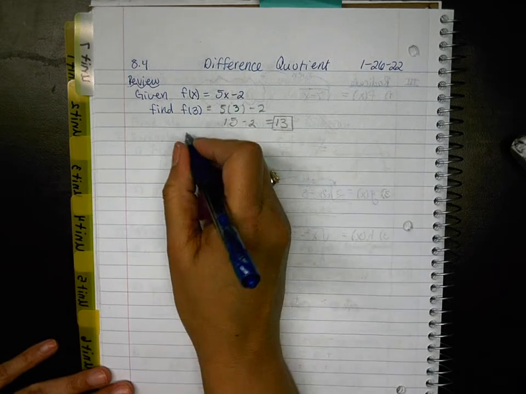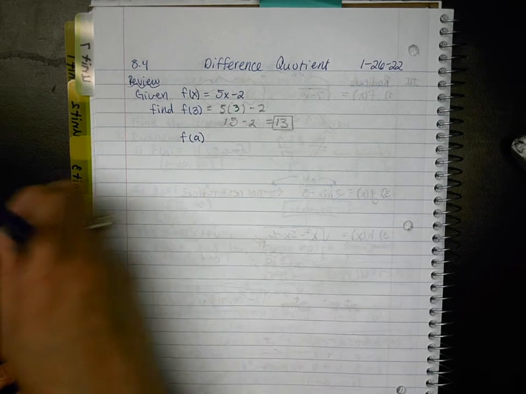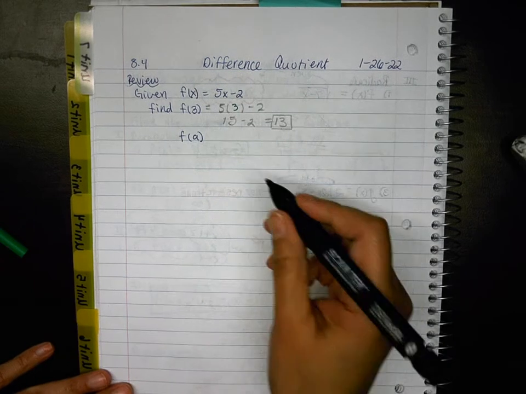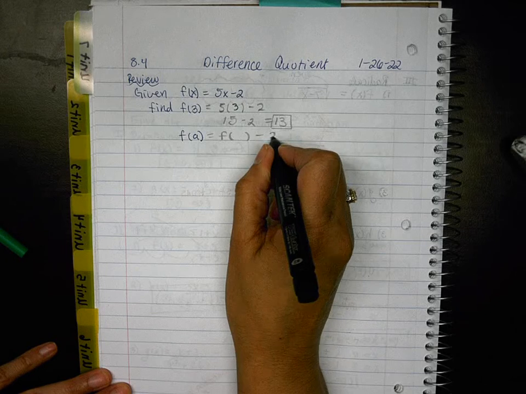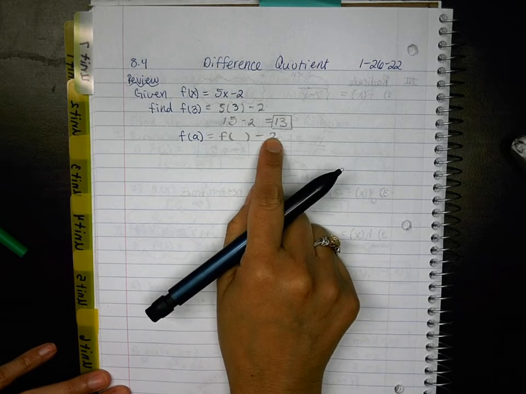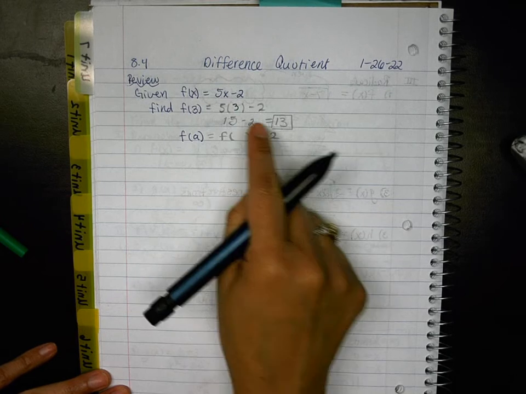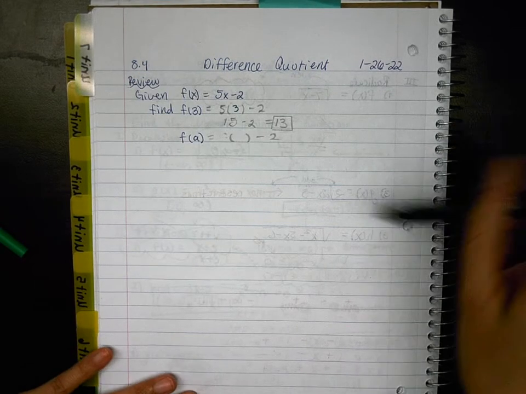Okay. Let's do f of a. Same concept as what Colin said. You plug it in, and what I'm going to do is what I said before, what I call the skeleton form, 5 blank minus 2.